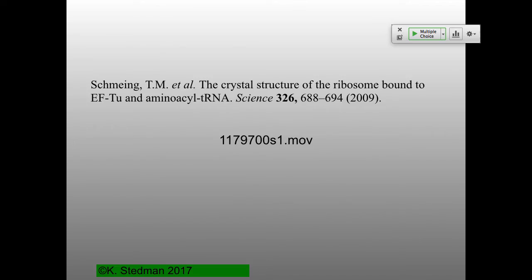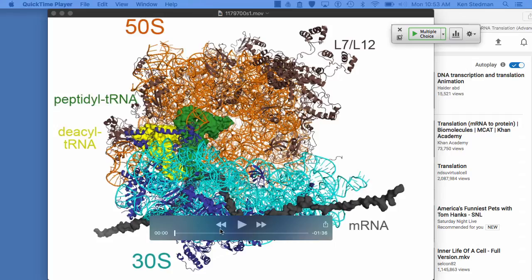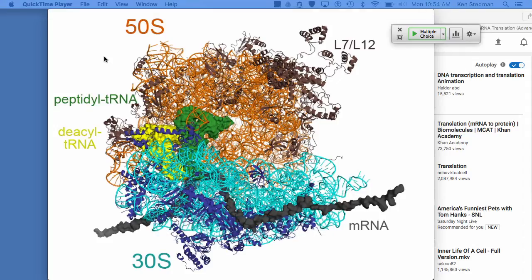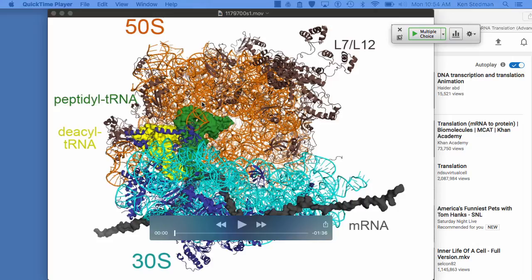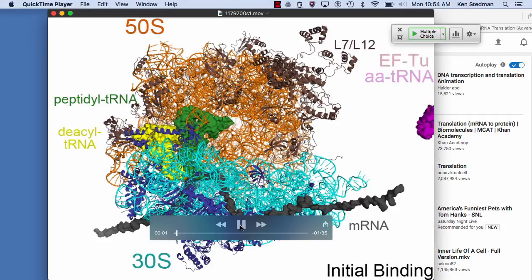So now I wanted to show you this really amazing movie, which some of you have seen before. This is looking at that elongation process where you have EF-Tu coming into the A site of the ribosome, bound to one of these aminoacyl tRNAs, and the whole structural process which happens there.